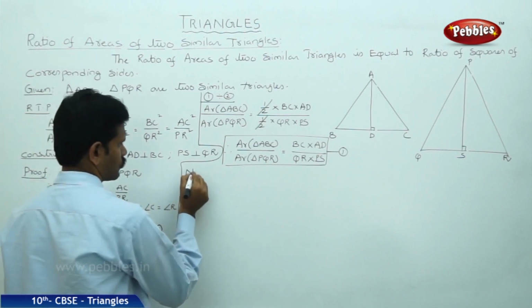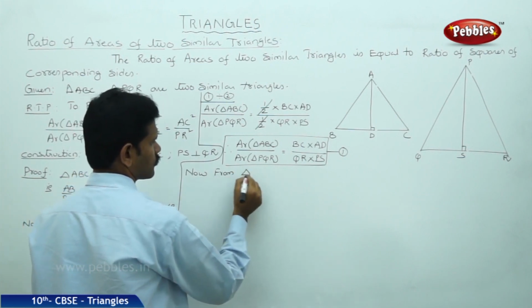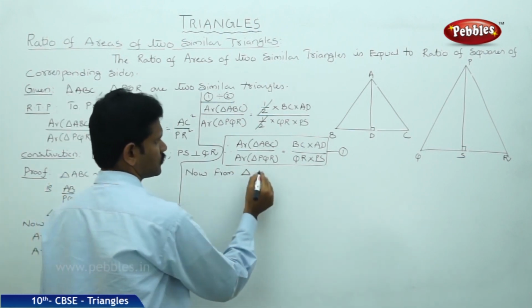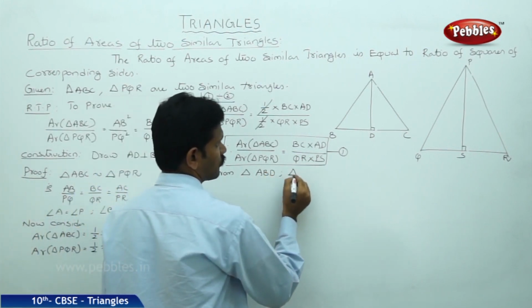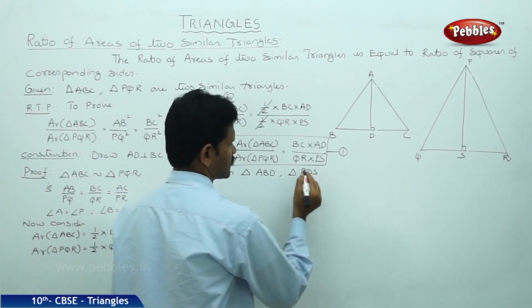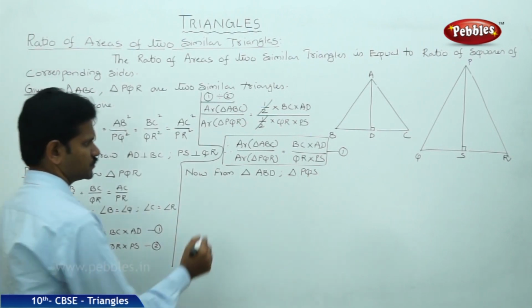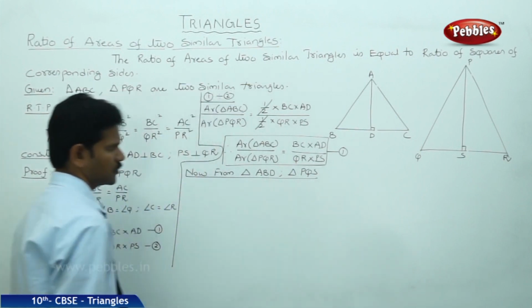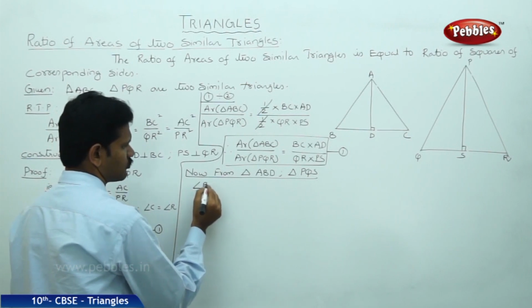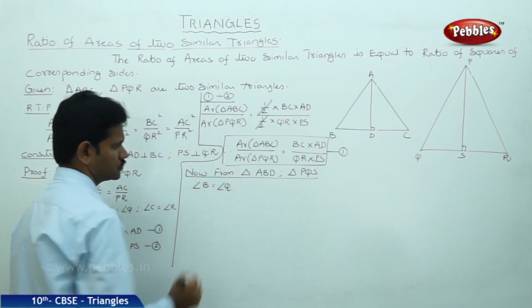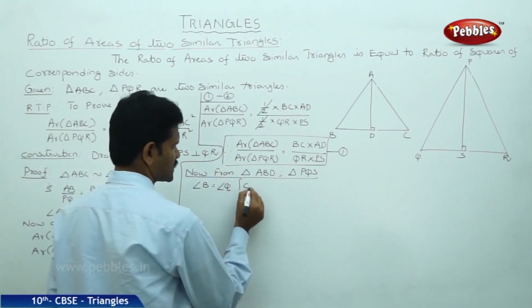Now from triangle ABD and triangle PQS, let us consider these two triangles. Angle B is equal to angle Q, corresponding angles.